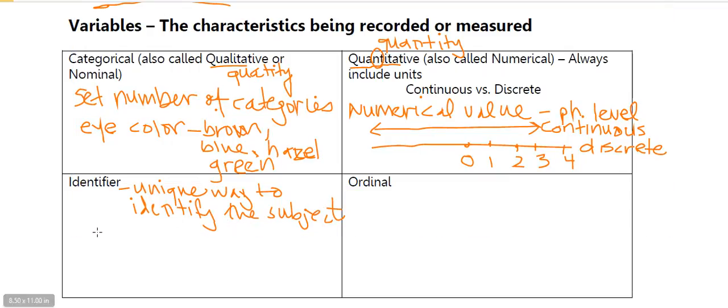Can you think of something that would be an identifier? For PCC students, their identifier usually is the G number. That is a number that is unique to each student. Some people might have the same name, but they would have a different G number.